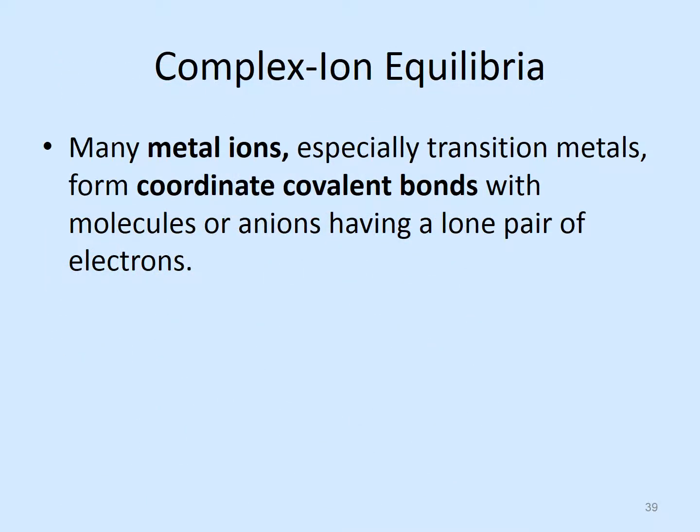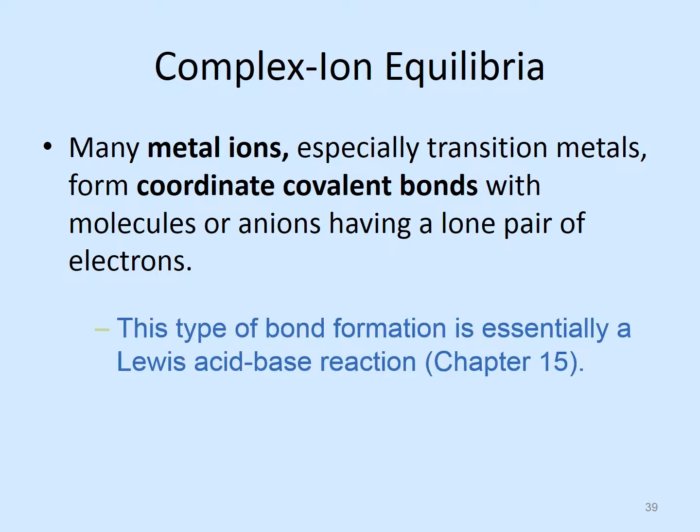There are some metal ions that don't necessarily make solid precipitates, but can react with other ions in solution to change colors, or to be a little different from just the original metal ion. They can form coordinate covalent bonds with molecules or anions that have lone pairs of electrons.